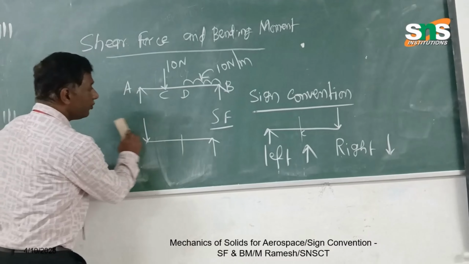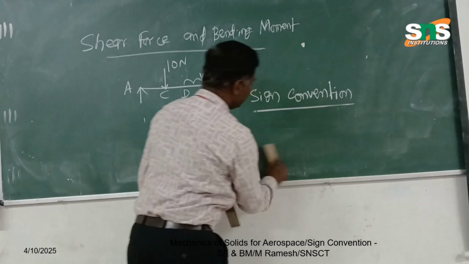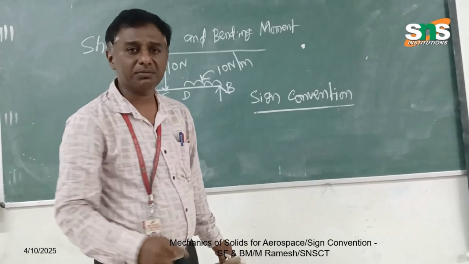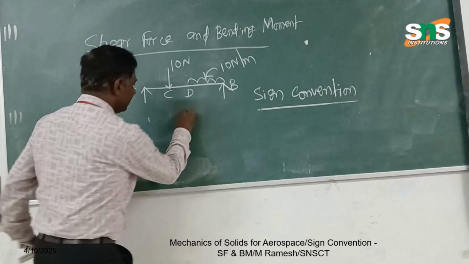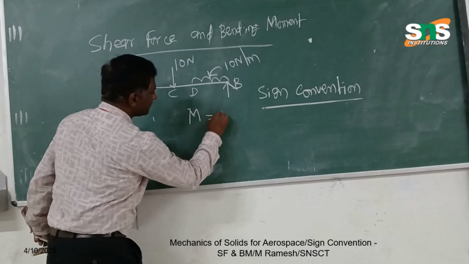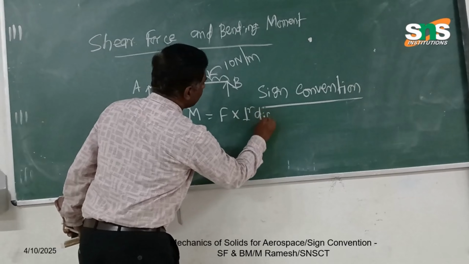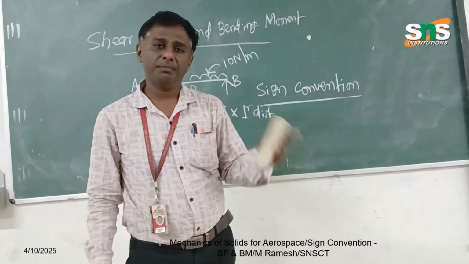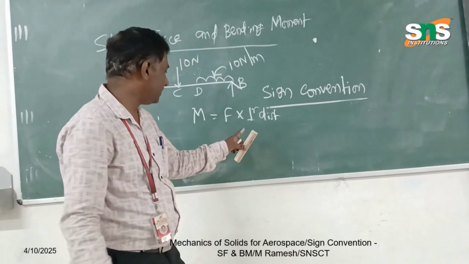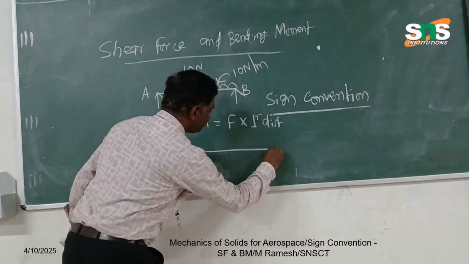Now let's have the sign convention for bending moment. First, what is called bending moment? Bending moment is the product of force into perpendicular distance. Let's take a beam here.